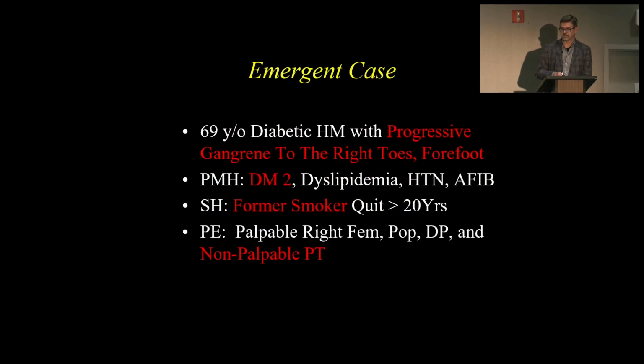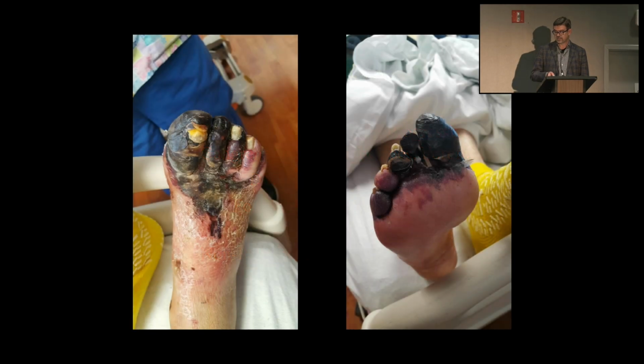This emergent case was a 69-year-old diabetic Hispanic male with a progressive gangrene to his right foot and toes, diabetes, dyslipidemia, former smoker, palpable femoral, pop, DP, and non-palpable PT pulse. And it's a disaster. It's pretty much gone.